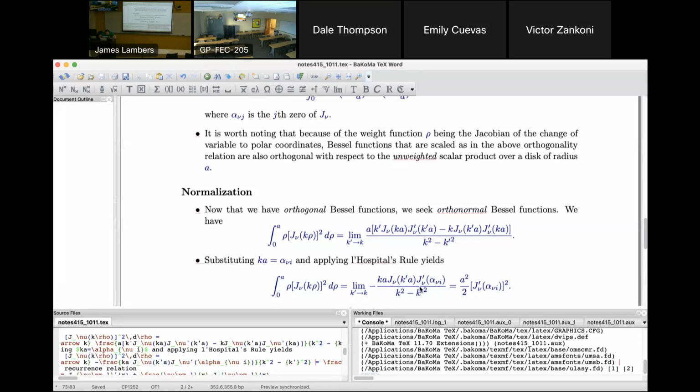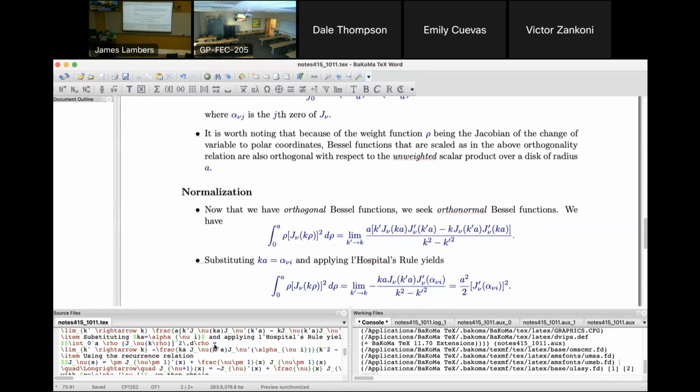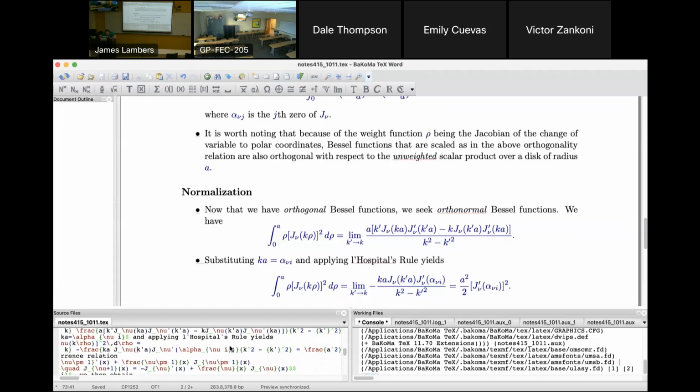So you know what? As I've done many times before, I'll put in an intermediate step, because what's written here is I've filled in ka equal to alpha nu i over root. I've not yet actually applied L'Hopital's rule to this.